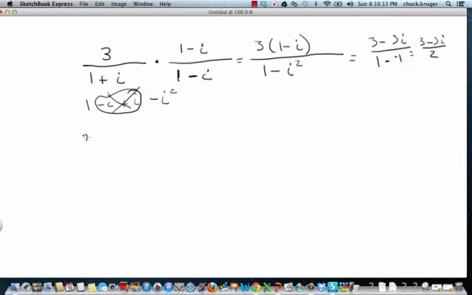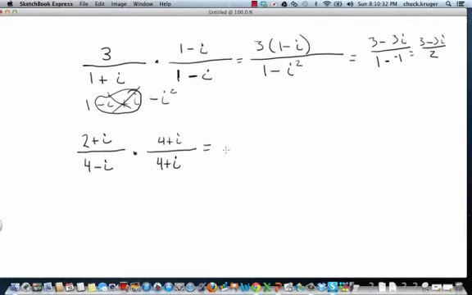Let me give you another one. I'm going to do 2 plus i on top, and on the bottom I'm going to have 4 minus i. Now the bottom is always what determines what I'm multiplying by, so I'm going to multiply by the conjugate, 4 plus i.